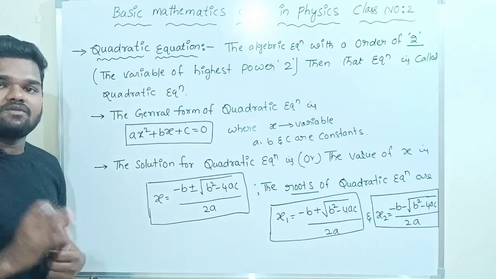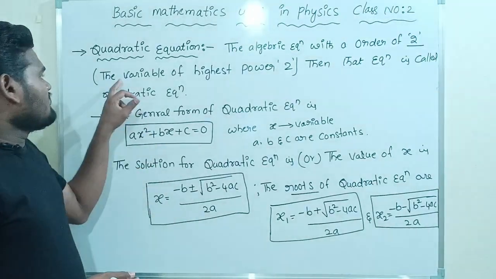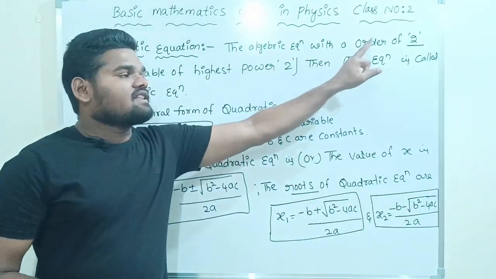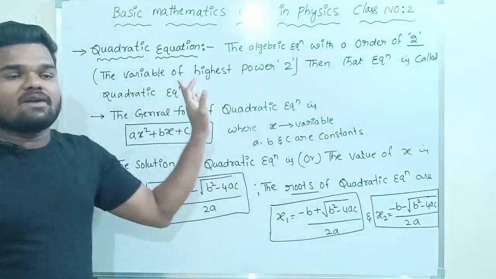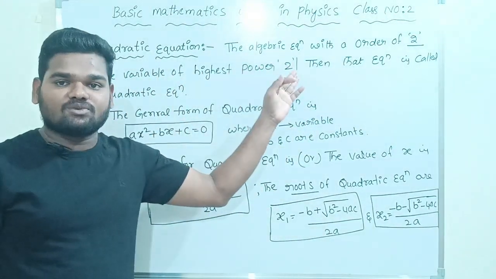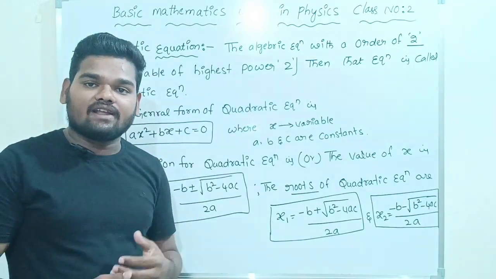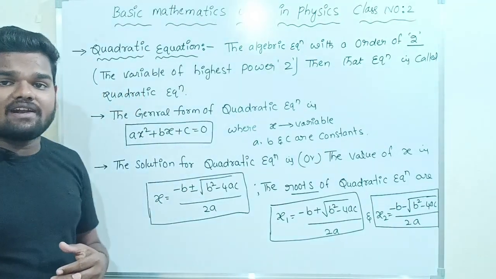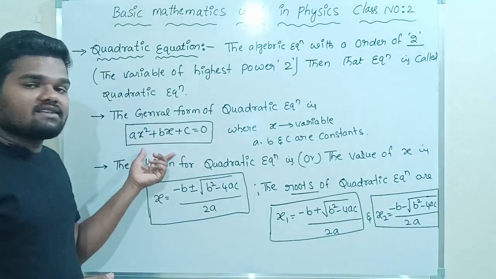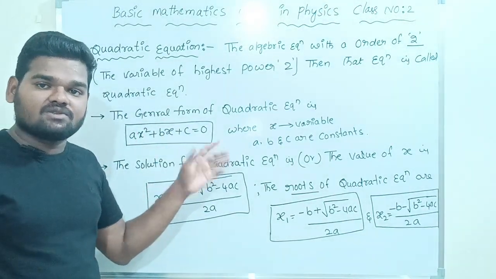Is it clear? So what is a quadratic equation? The algebraic equation with order of 2, or the variable has a highest power 2. Such a type of equation is called a quadratic equation. The general form of the quadratic equation is what? ax square plus bx plus c is equal to 0.